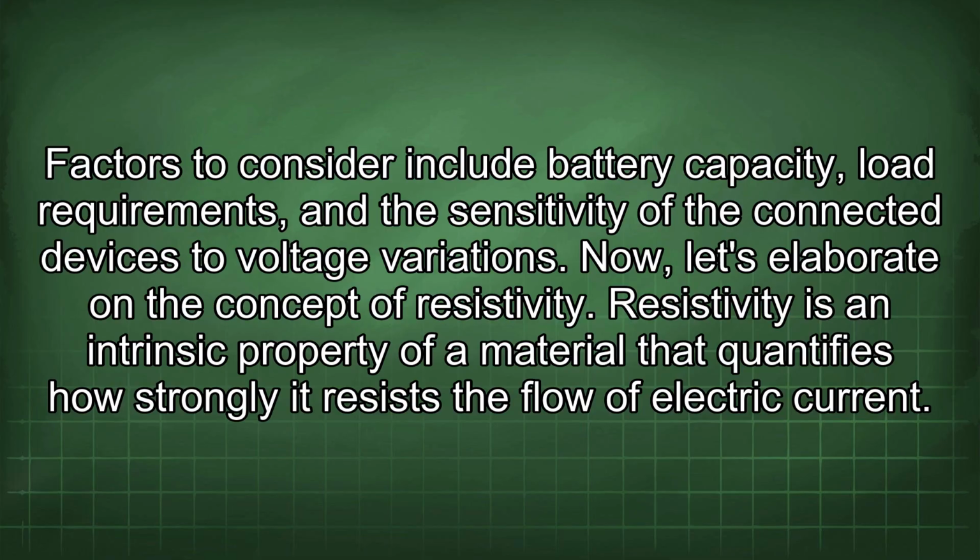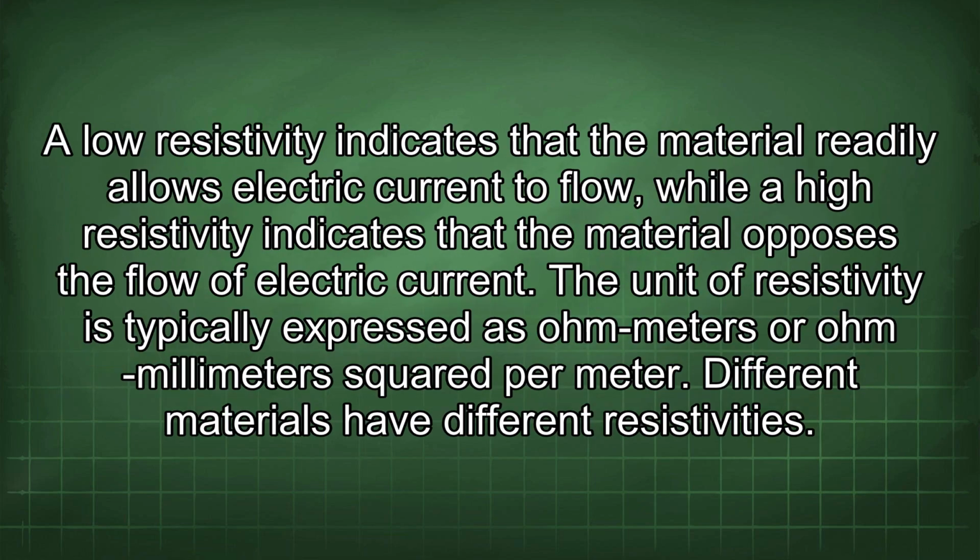Now let's elaborate on the concept of resistivity. Resistivity is an intrinsic property of a material that quantifies how strongly it resists the flow of electric current. A low resistivity indicates that the material readily allows electric current to flow, while a high resistivity indicates that the material opposes the flow of electric current.